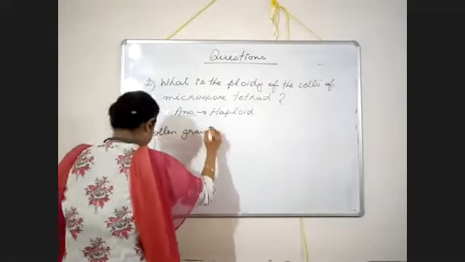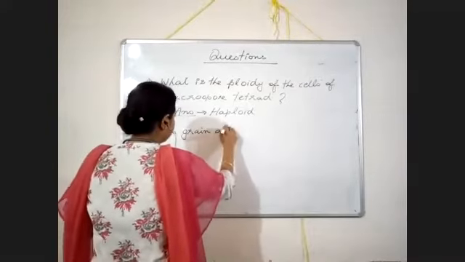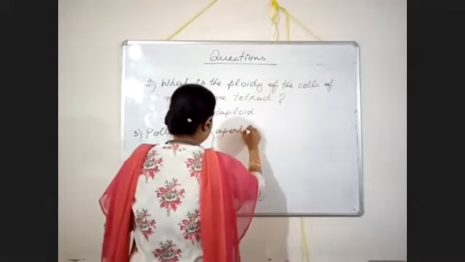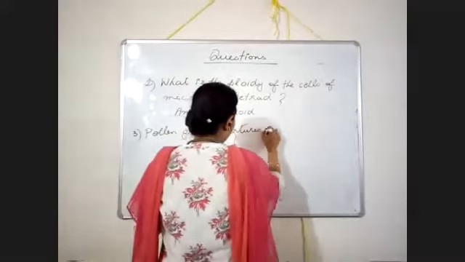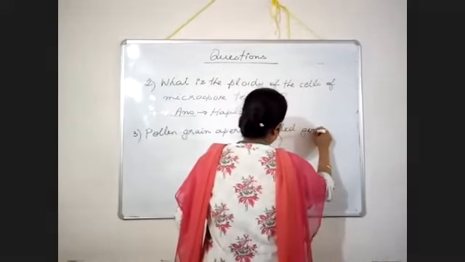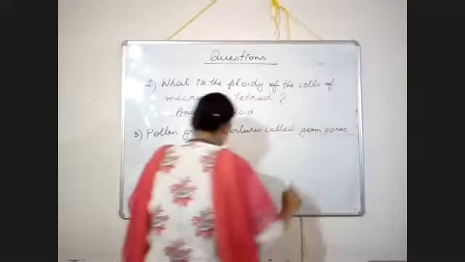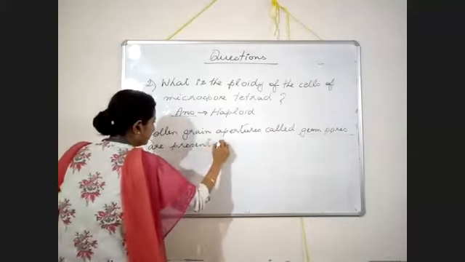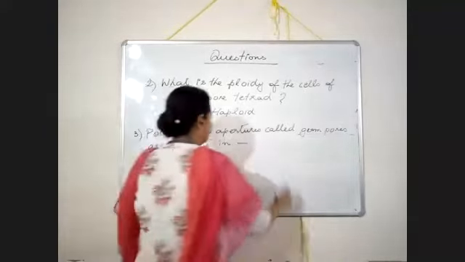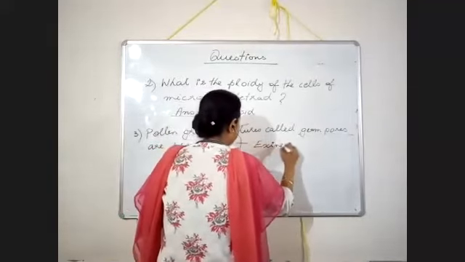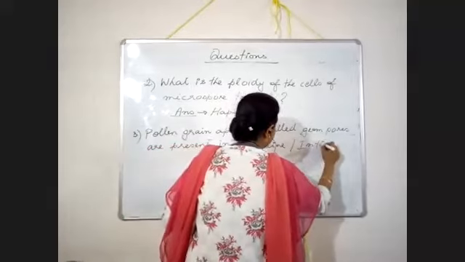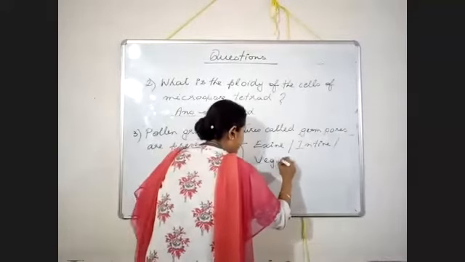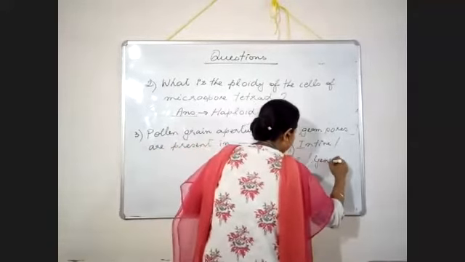Pollen grain apparatus called germ pores are present in: exine, intine, vegetative cell, generative cell.